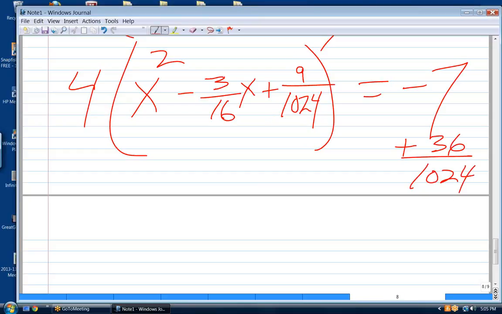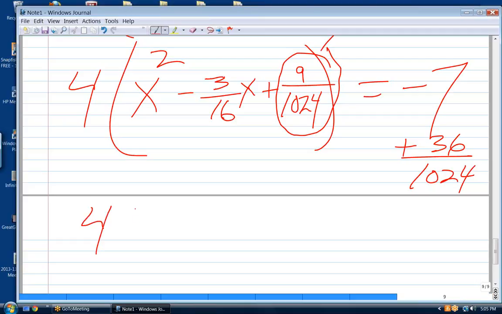Because you multiply the 4 and 9? Right. In other words, the moment I wrote 9 over 1024, I didn't add 9 over 1024 to the left side of the equation. I added 4 times that. So I have to add 4 times that to the right side of the equation also.